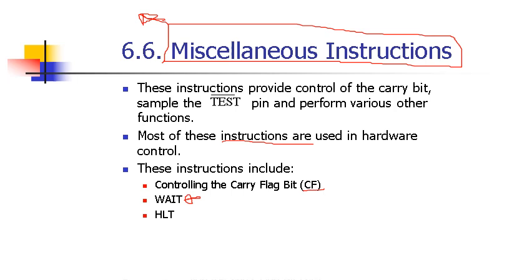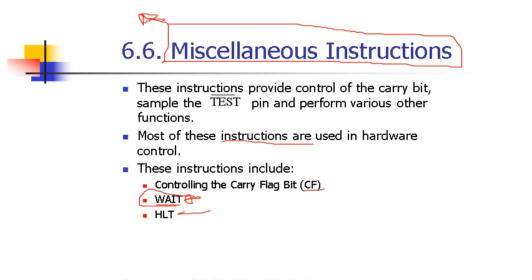So you ask your microprocessor to wait for a while till your memory can be read or can be written into. This is why we have this. So whenever you connect or interface a slow memory to your processor, you would use this wait pin.